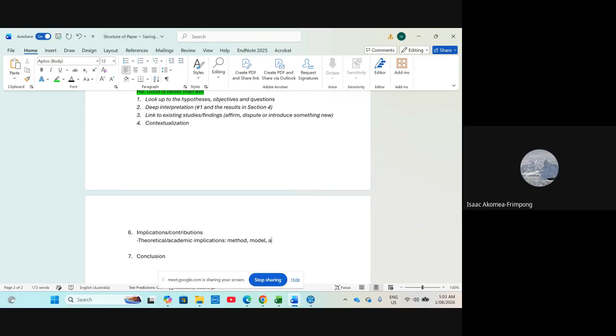Did you collect a new data set? Did you use a new analytical method or technique? These are some of the questions that you ask, to see whether your study has impact or is bringing something new into the academic space. So you look at your method, your model, your data. Is this something new? Something novel? Something interesting that you want to talk about? You can do that. So I'll leave this one there.